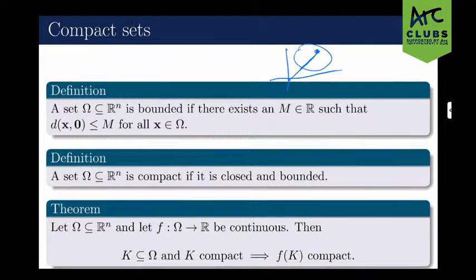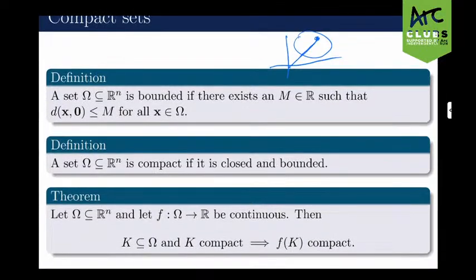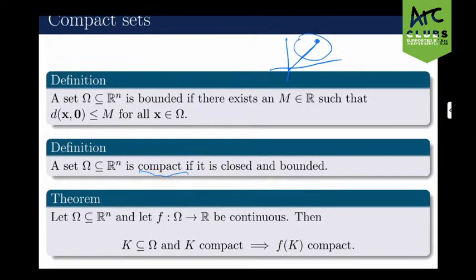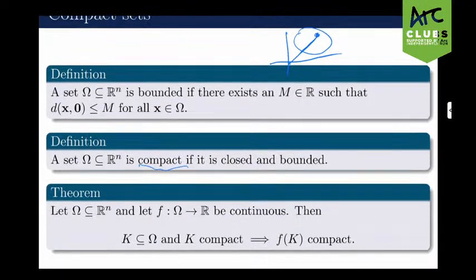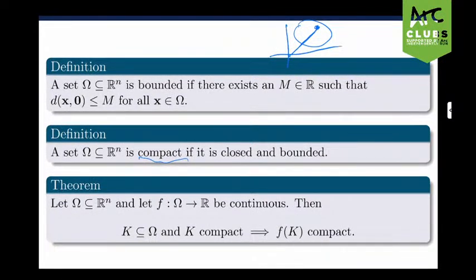I think this definition is fairly intuitive. And we say a set is compact if it is closed and bounded. One of the useful theorems here is that a continuous function maps a compact set to a compact set.